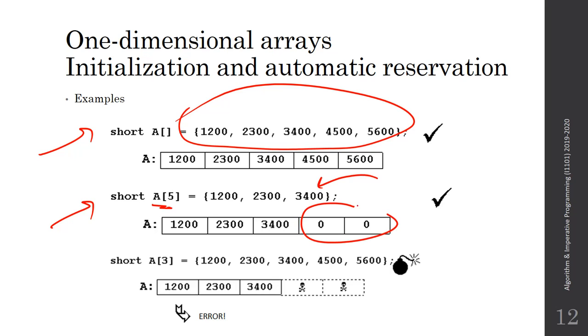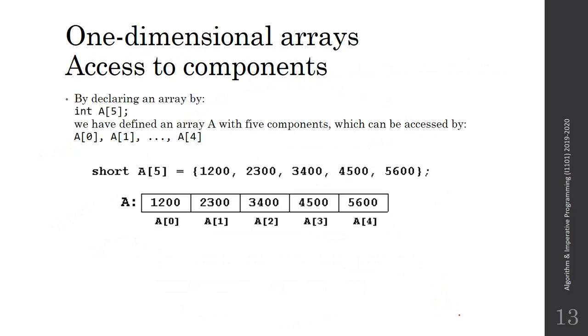As you can see, the remaining ones will be initialized to 0. However, here the user has set the size of the array to 3, and however he entered 5 elements, so of course there will be an error. This will not pass because he needs 5 elements, however he reserved just 3. So here we have a compilation error.